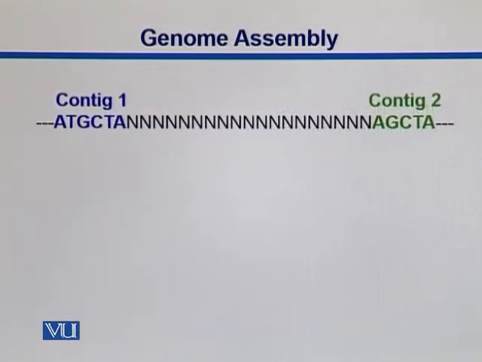Here we see two contigs, contig 1 and contig 2, and in between there are unknown sequences, so there is a long run of Ns. For these Ns, we don't know what nucleotides are there. So this is where the contigs actually break. We have those reads which are aligned together, and then there are some gaps among these contigs. When we put those contigs together, that becomes a scaffold.